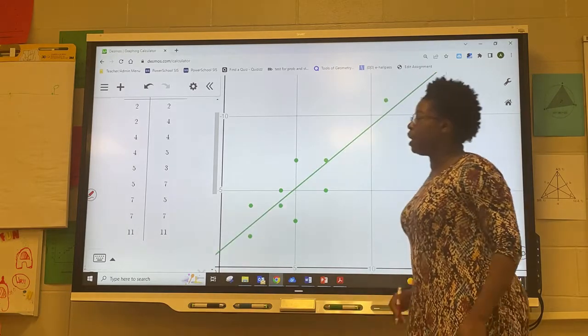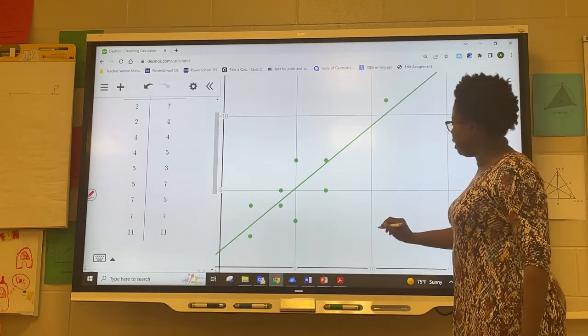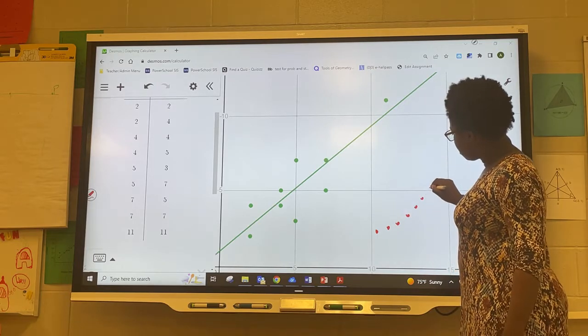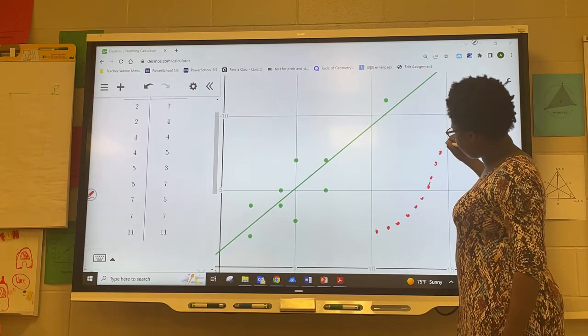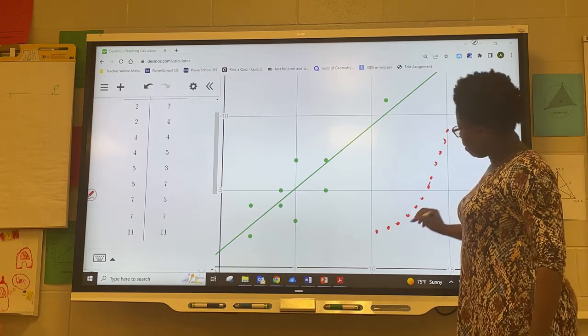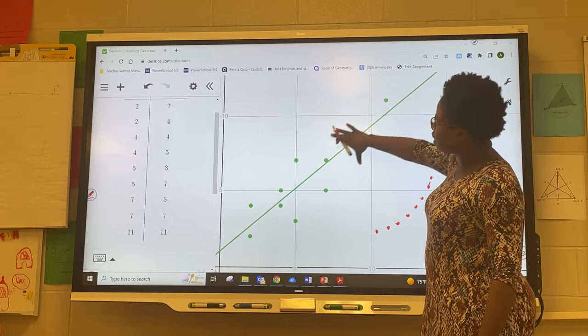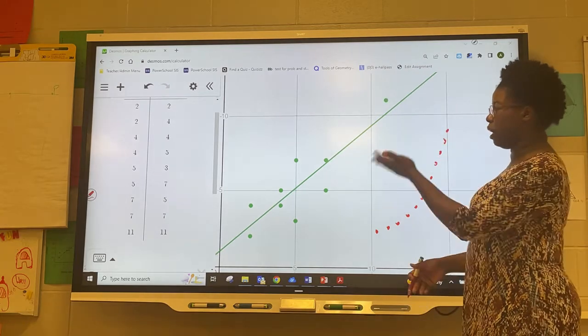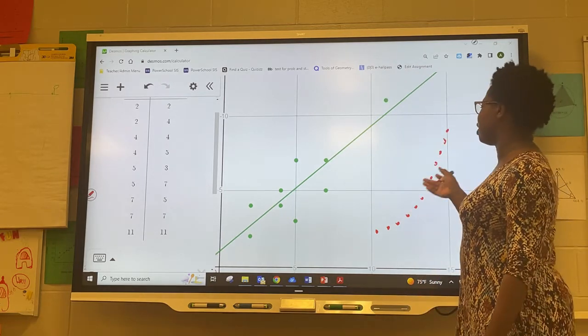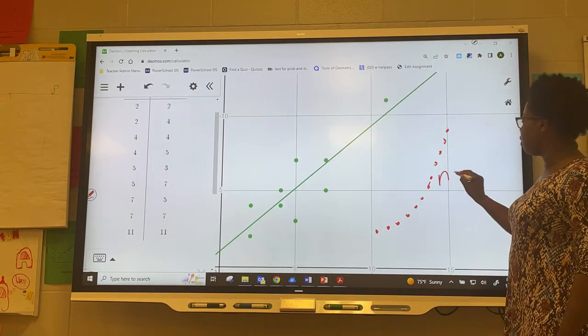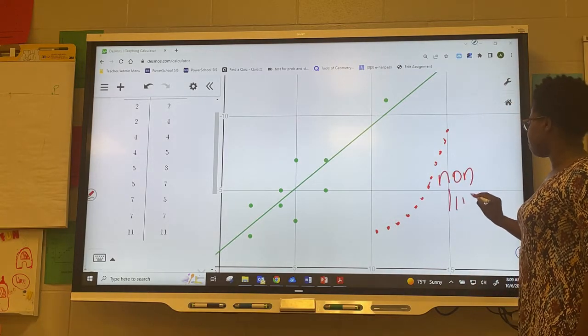And if a straight line wasn't obvious, you'll see some curve in your dots, making it non-linear. So if you did not see the dots going up in a straight line form and saw something like this, that one would be non-linear.